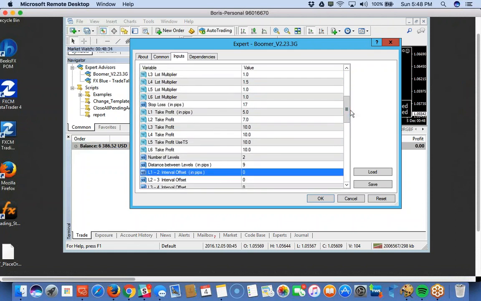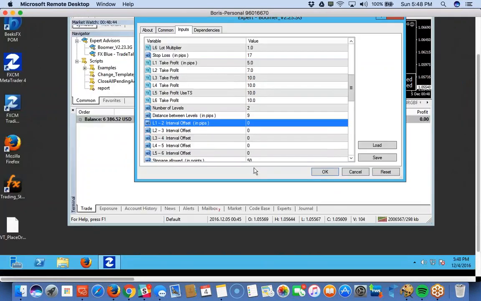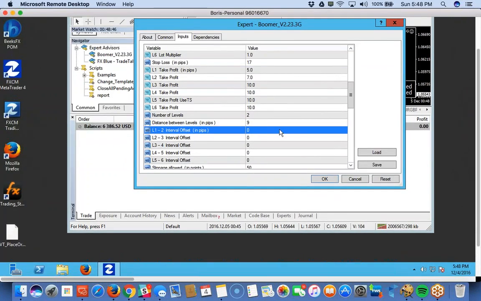Oh no! I'm sorry. I do need this too, because of the distance. No, that's fine. I just needed to set this at 9. I'm sorry. That's all fine. I don't need to do any of the offsets and everything else. And so now I've set this up.